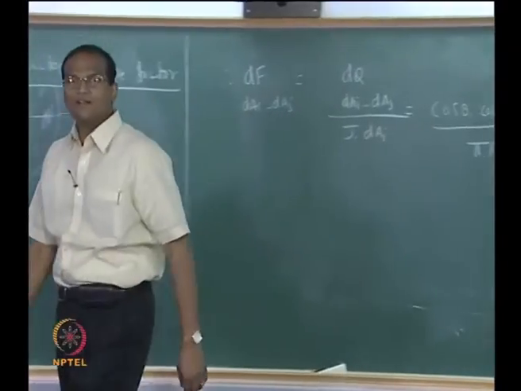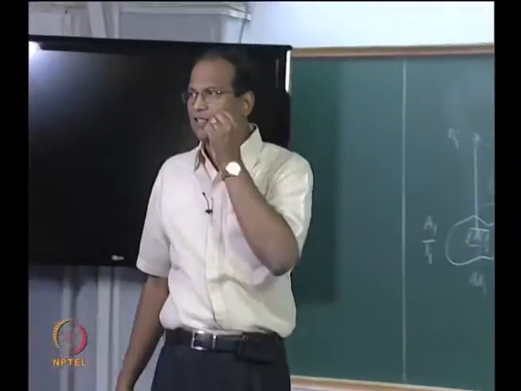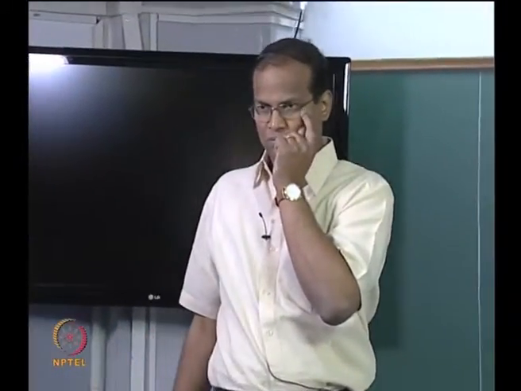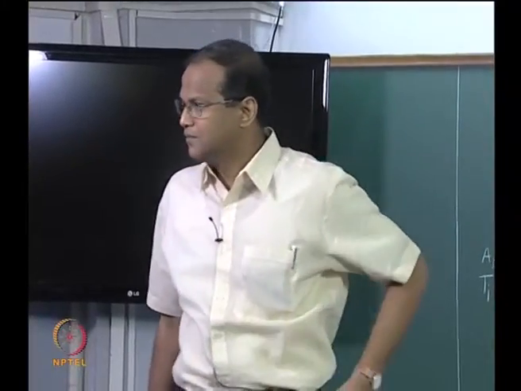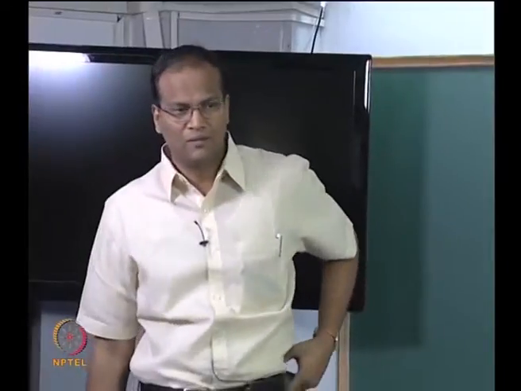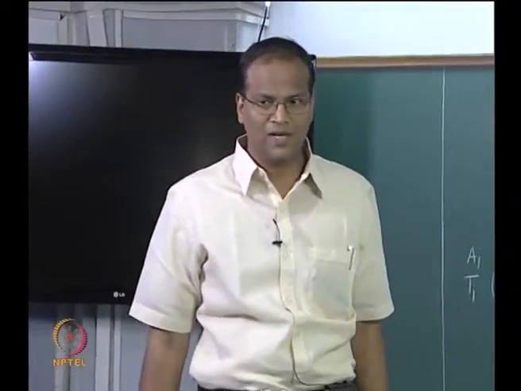F is a fraction, F is dimensionless, right? Is the right side consistent? Sure, if it is not consistent, we made a mistake. dA has got meter square, r square has got meter square, gets cancelled.